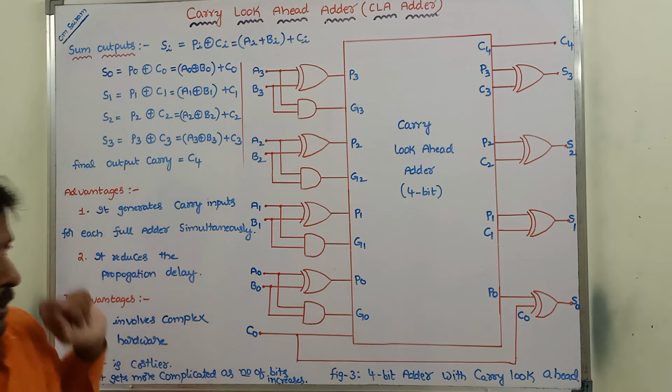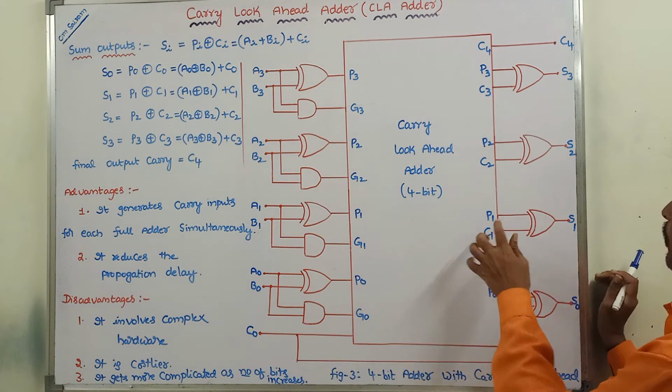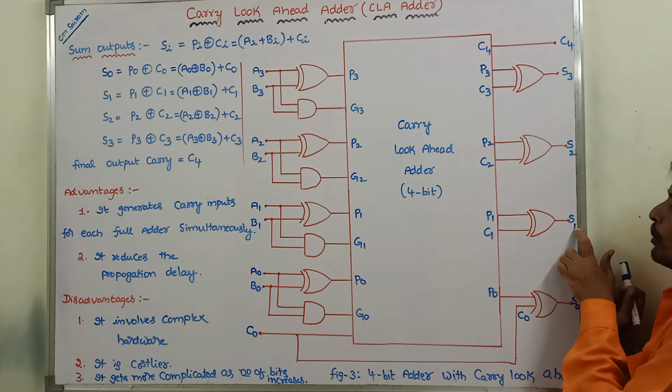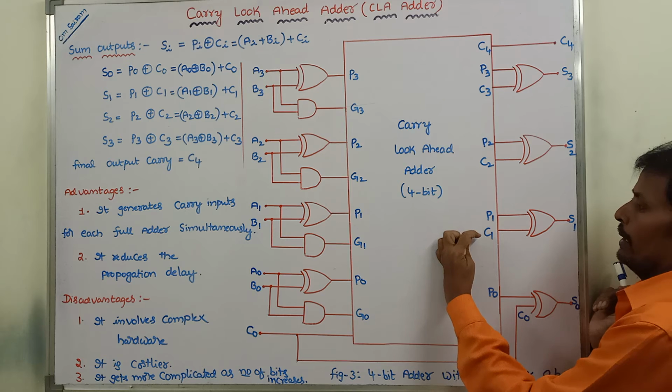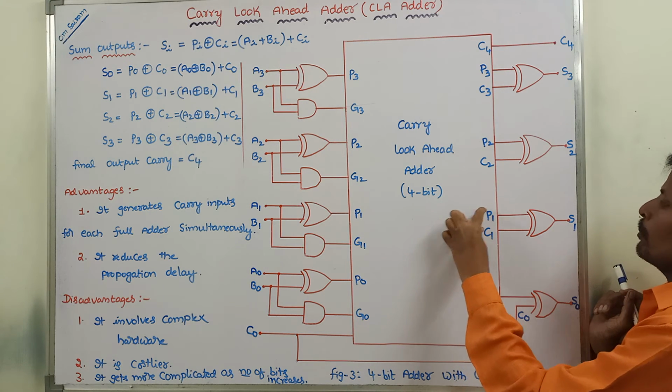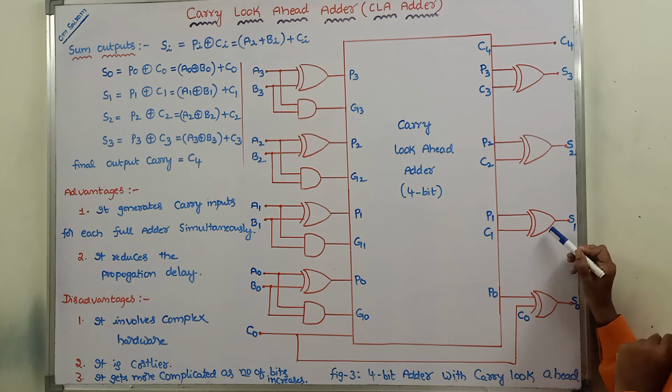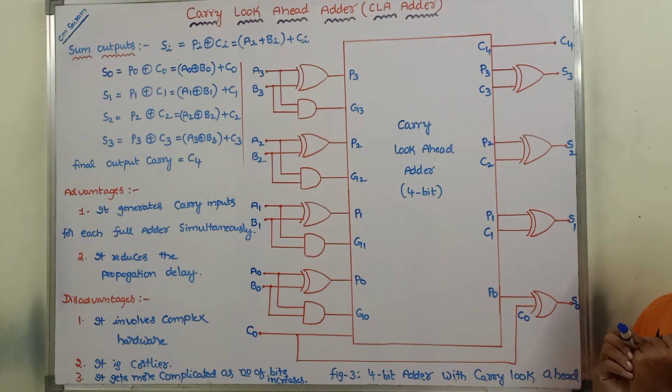So the S1 output we are getting by taking the two inputs P1 and C1. These two inputs are applied to a two input exclusive OR gate. Then we are getting the output P1 exclusive OR C1, that is nothing but S1.